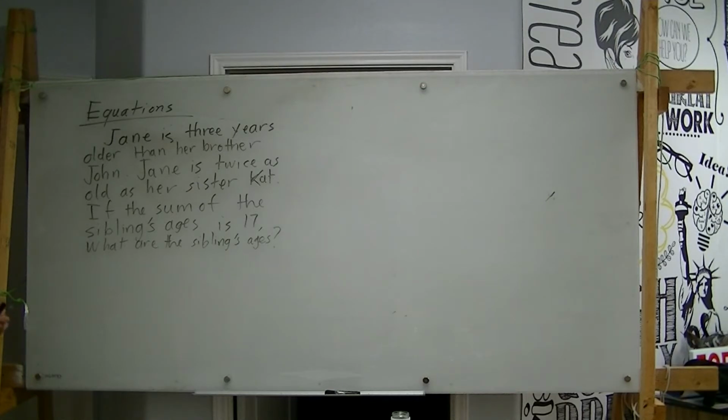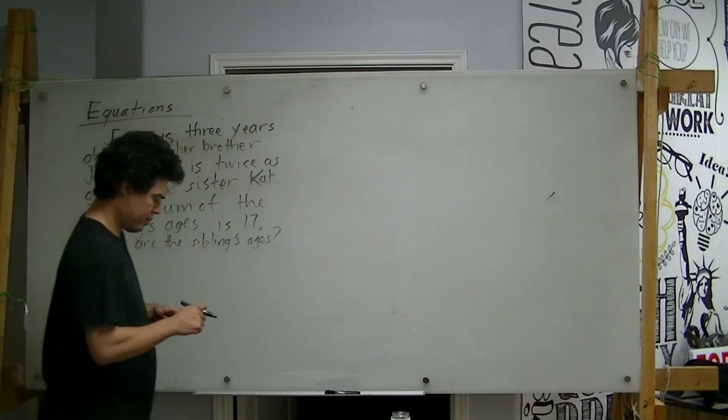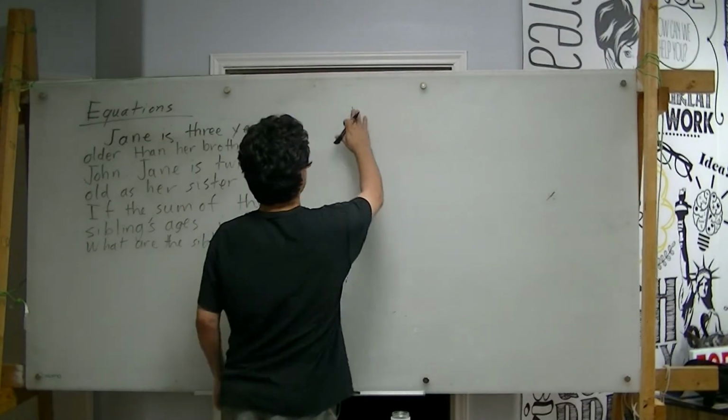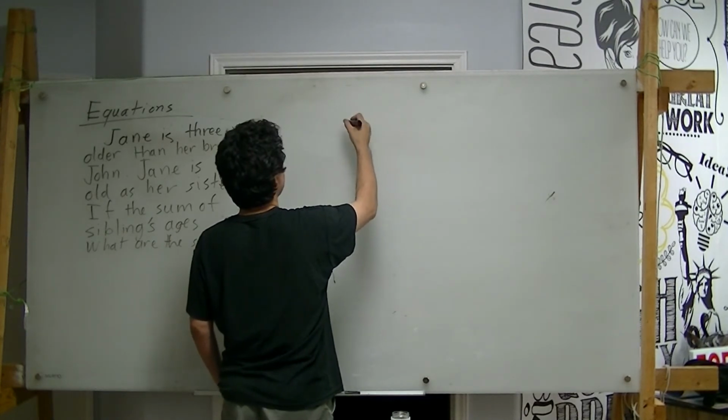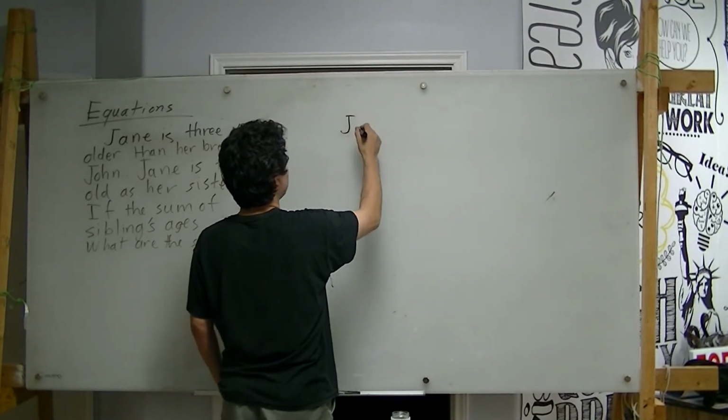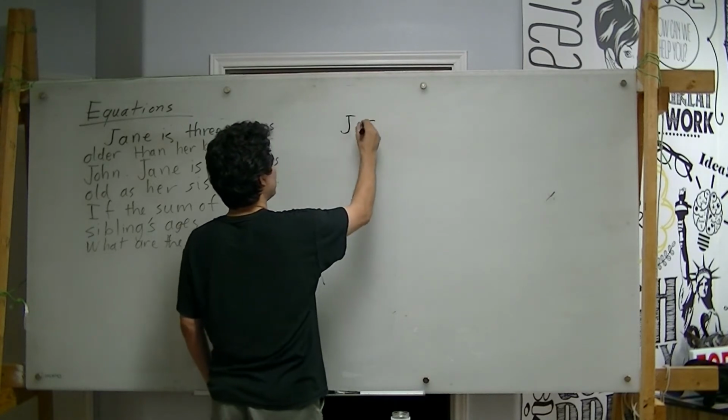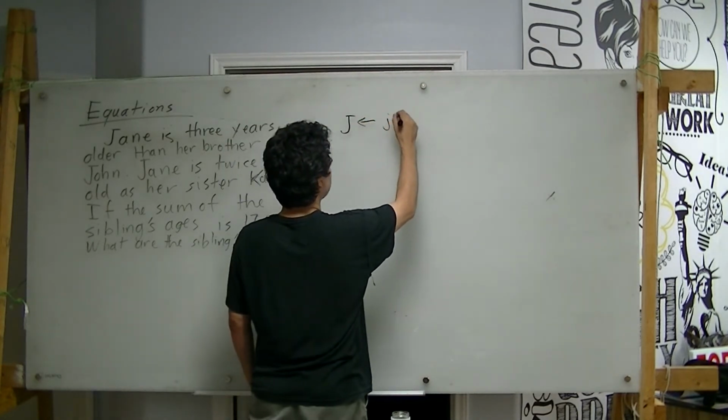So here what we're going to do is try and figure out how we can find the ages of the siblings. So let's pretend John is J. This is John's age.